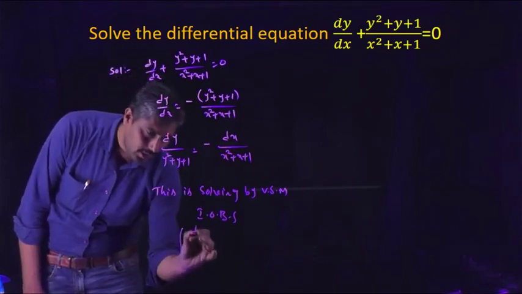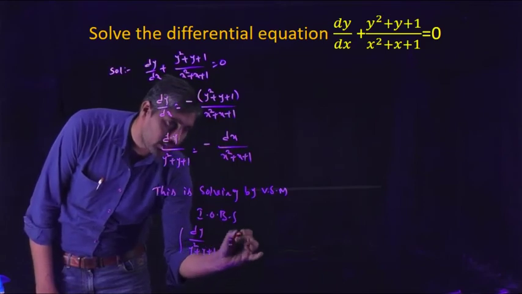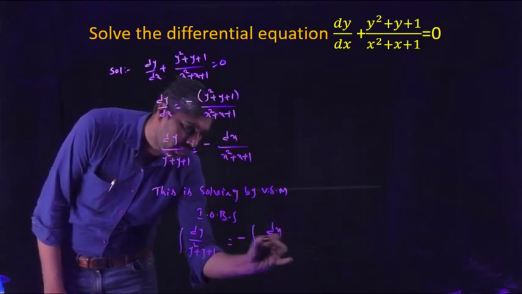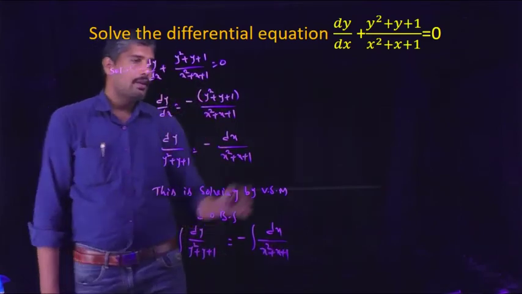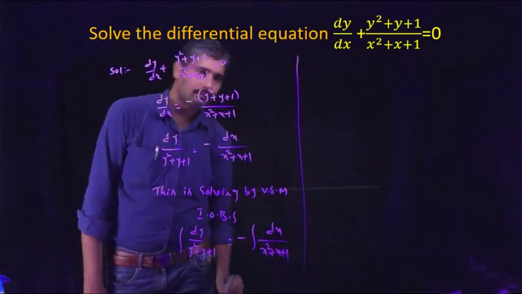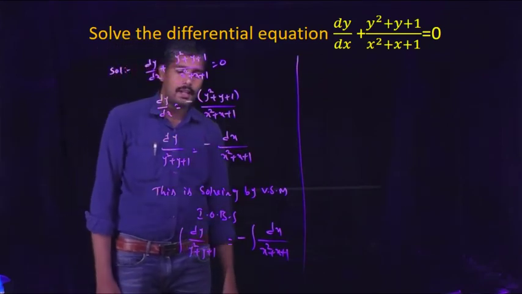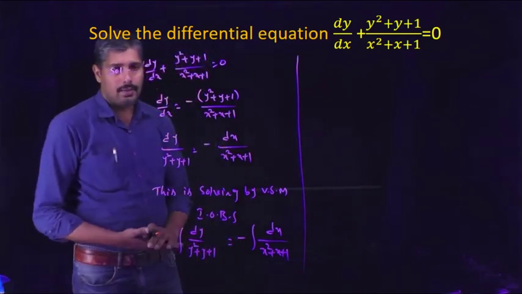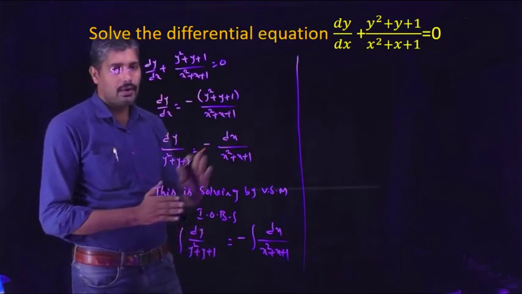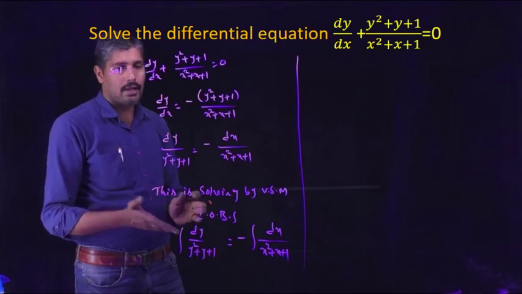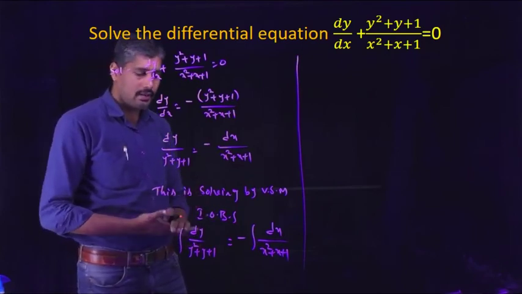Integral dy by (y square plus y plus 1) equal to minus integral dx by (x square plus x plus 1). How to solve this one? We already saw in the types: if a quadratic expression is there, we convert it into the standard formulas. We know the integrals 1 by (a square plus x square), 1 by (a square minus x square), 1 by (x square minus a square).